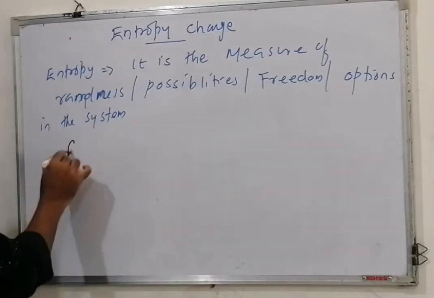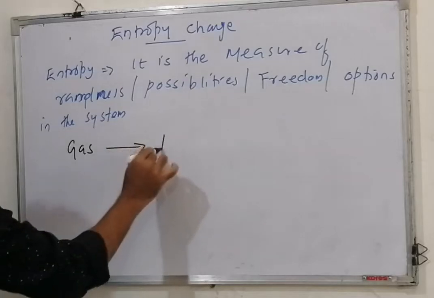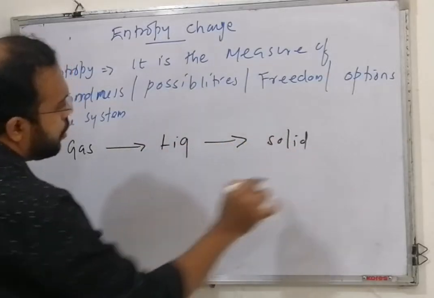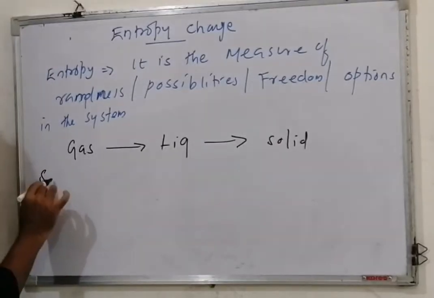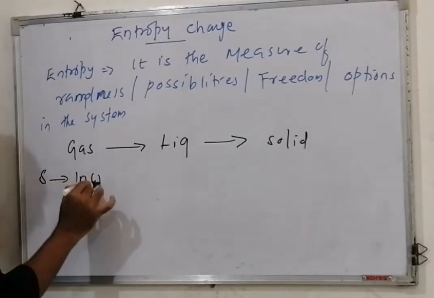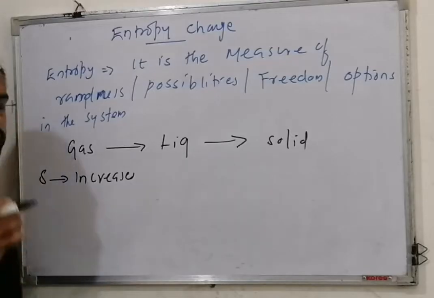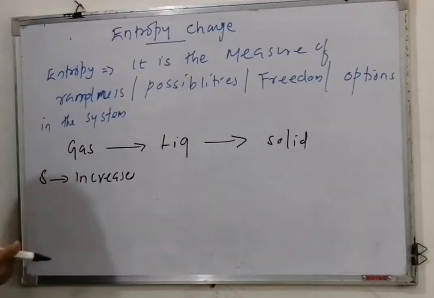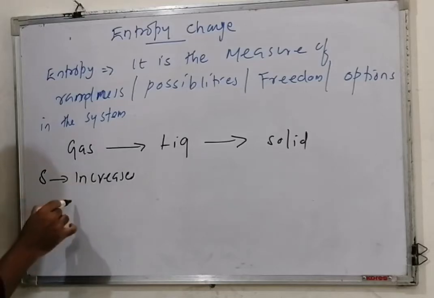We know that from solid to liquid to gas, entropy increases. How do you justify this definition here?